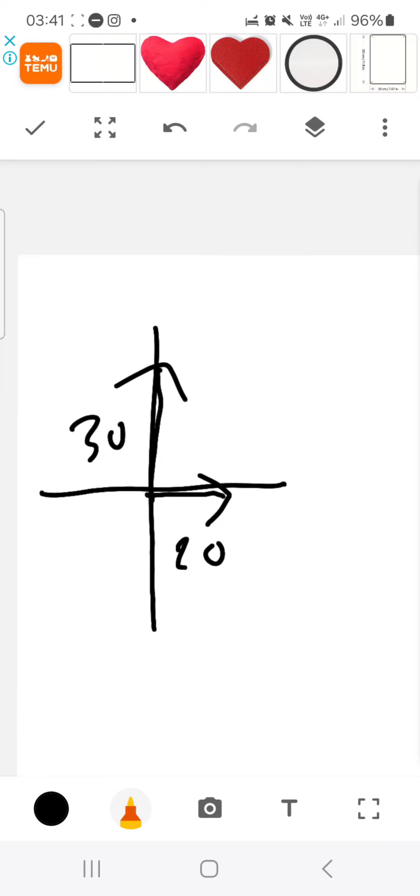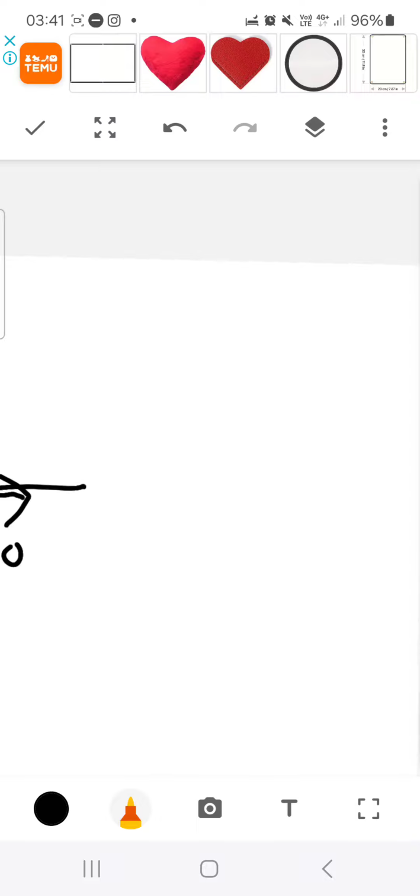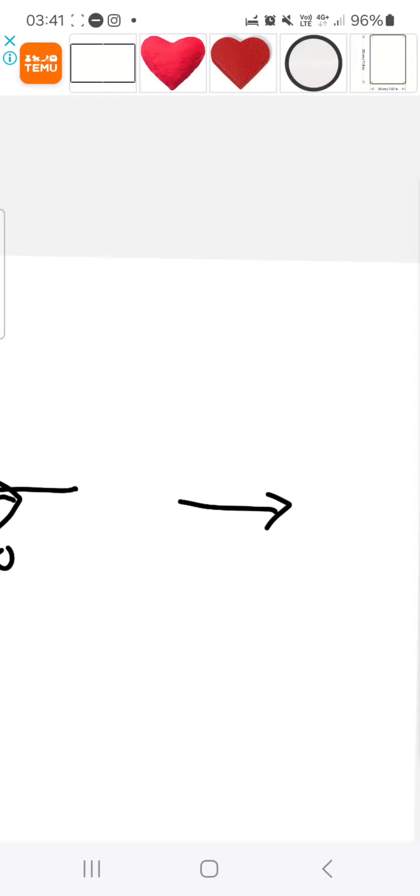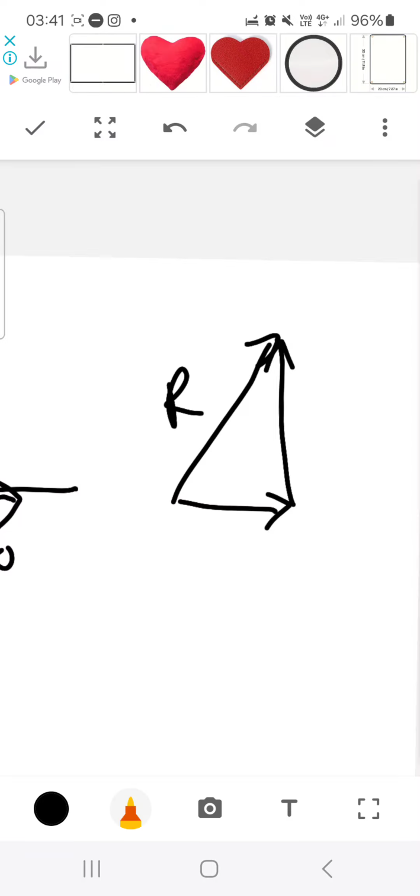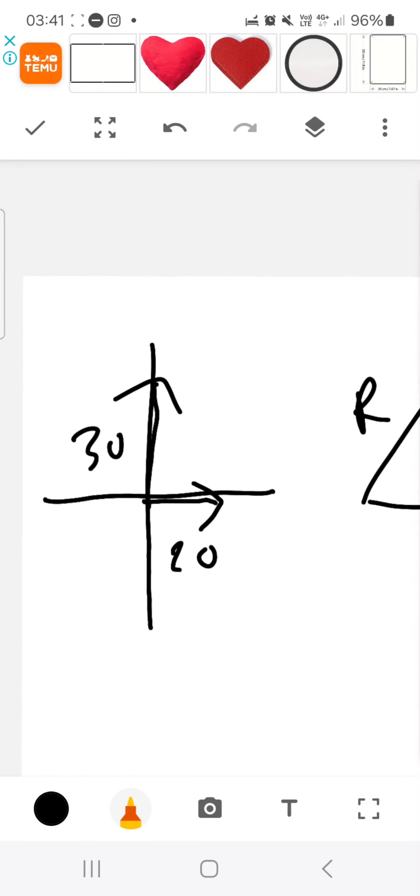If I want to add these two, I can either shuffle them again and redraw it for myself over here and say, oh, but it needs to be head to tail, and my resultant would be that one. Okay, the direction of that resultant makes sense. Or I can say, okay, well, this one is just 30 units up, this one is just 20 units that way. So the resultant would be where that rectangle is completed.